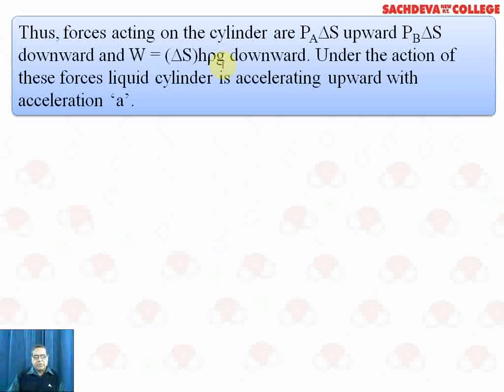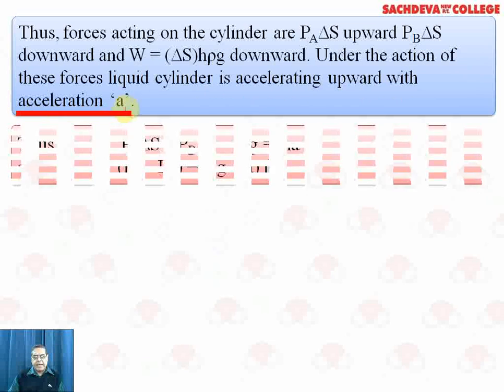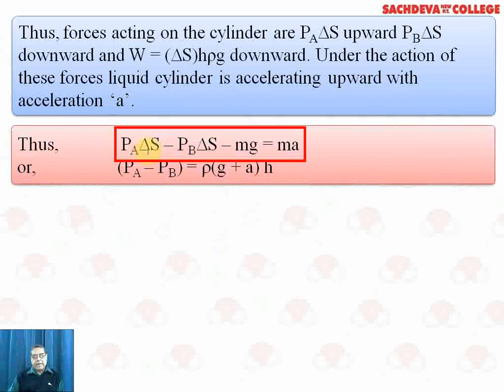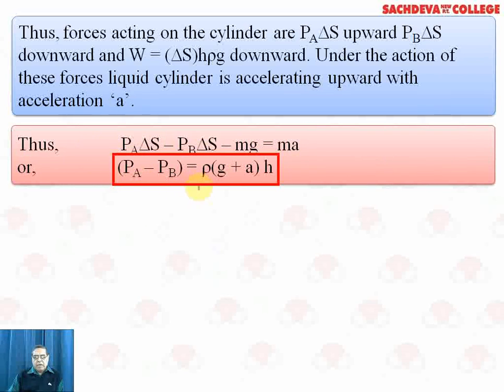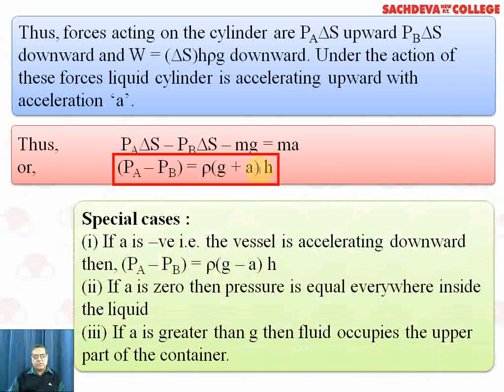Under the action of these forces, the liquid cylinder is accelerating upwards with acceleration a. Therefore, PA delta S minus PB delta S minus mg is equal to ma.